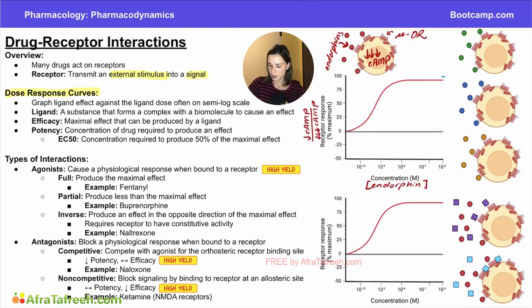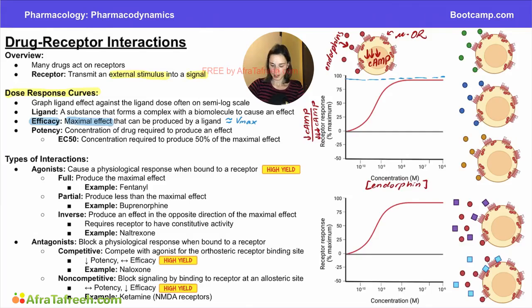And this plateau describes the efficacy of the ligand. So that's going to be the maximal amount of signaling that the ligand binding to the receptor can produce. This is very similar to the concept of Vmax that we talked about for the enzyme kinetics video.